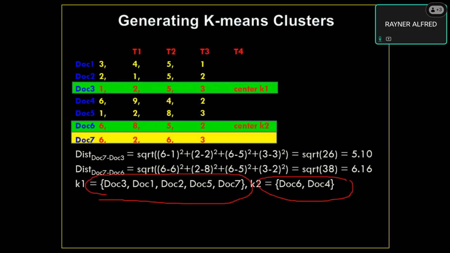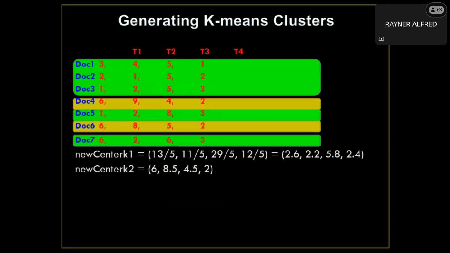Okay. So what is next? Once we have formed the clusters, we need to find the new center, right? So the new center is just taking the average. For example, for a new center K1, we take the average of these values, divide by 5.